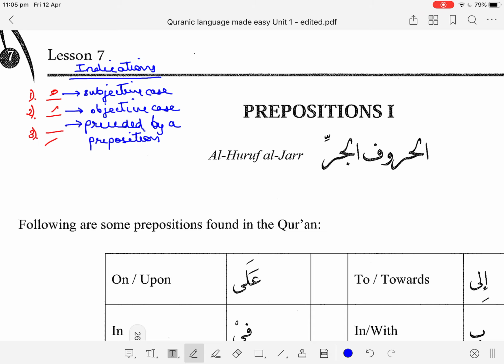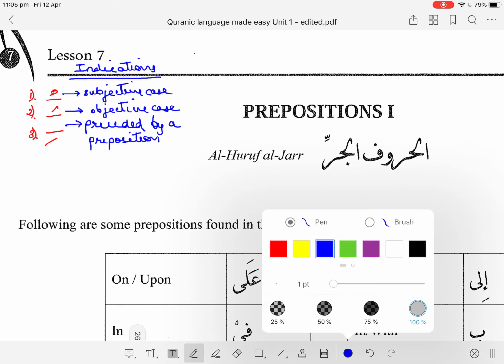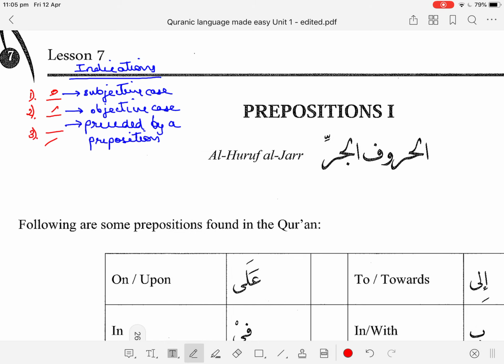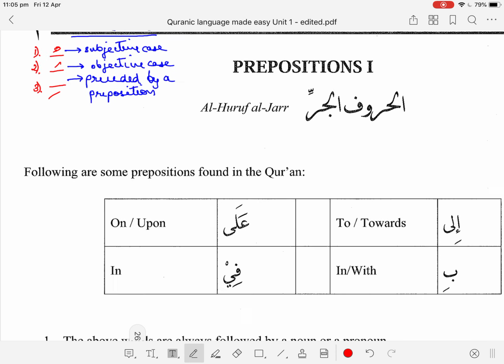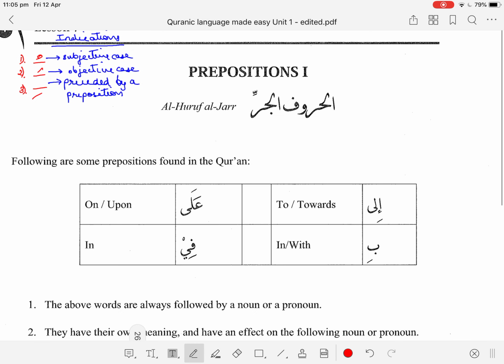Preposition is nothing but harf jar. Jar is basically coming from jarrun, which means neighbor. And the thing is, a preposition is always a neighbor. These are, for example, some of the important prepositions found in the Quran.